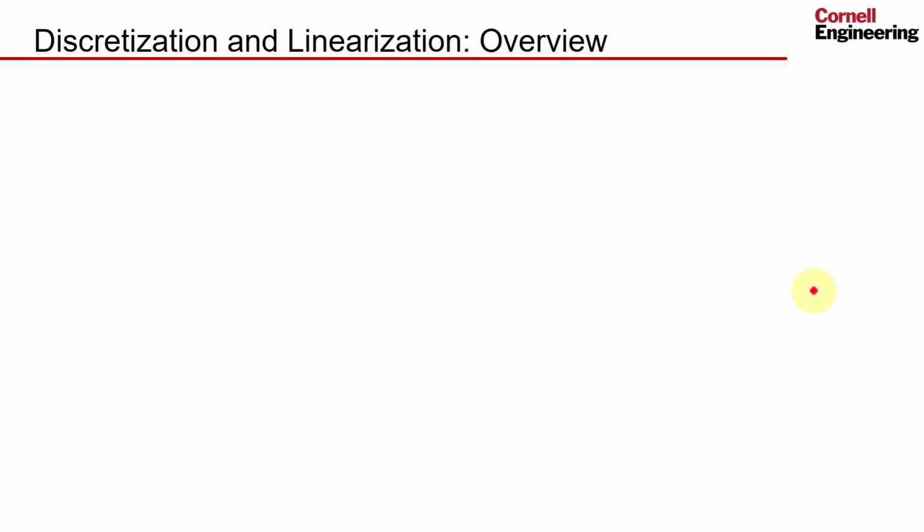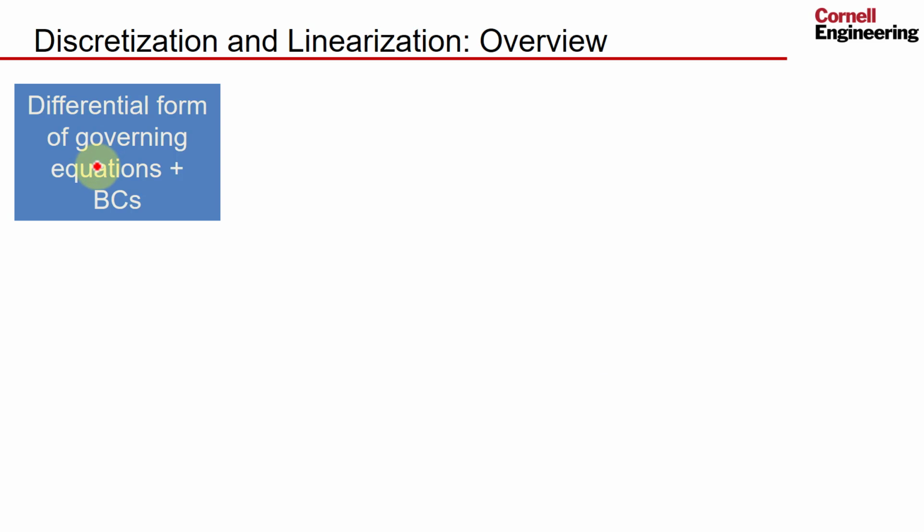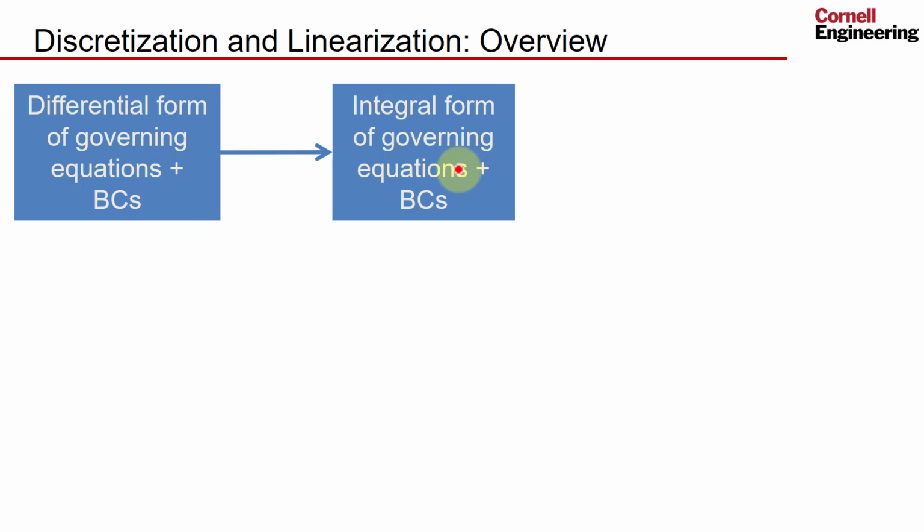Another way to look at it is shown over here, which gives you an overview of discretization, and then there's linearization because our algebraic equations are nonlinear. So the starting point that I showed you was the differential form of the governing equations plus boundary conditions, i.e. a boundary value problem. Now you can go to the integral form of the governing equations and boundary conditions, and so the exact solution will satisfy both of these. There's no error introduced in going from the differential form to the integral form.